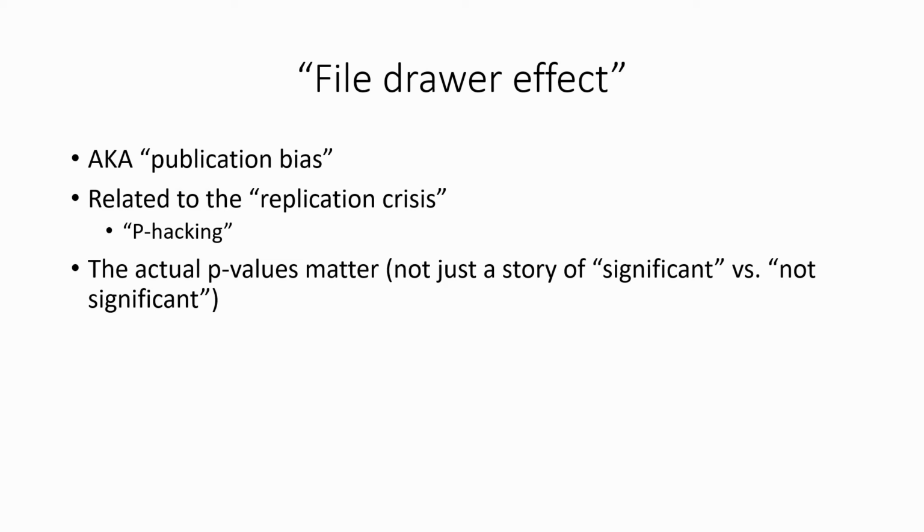What very often happens is that, because of the tendency of people to just move on as soon as they get results which are not significant, and to report results that are significant, people can work on many different studies, and every time they come across something which is not significant, they just put it in the file drawer, hence the name, the file drawer effect. And only once in a while, they actually get something significant, and then they report it.